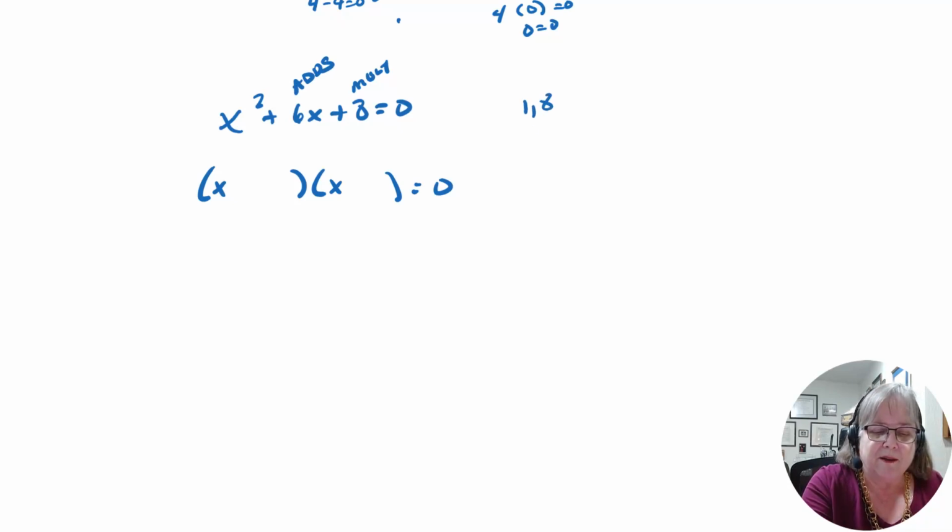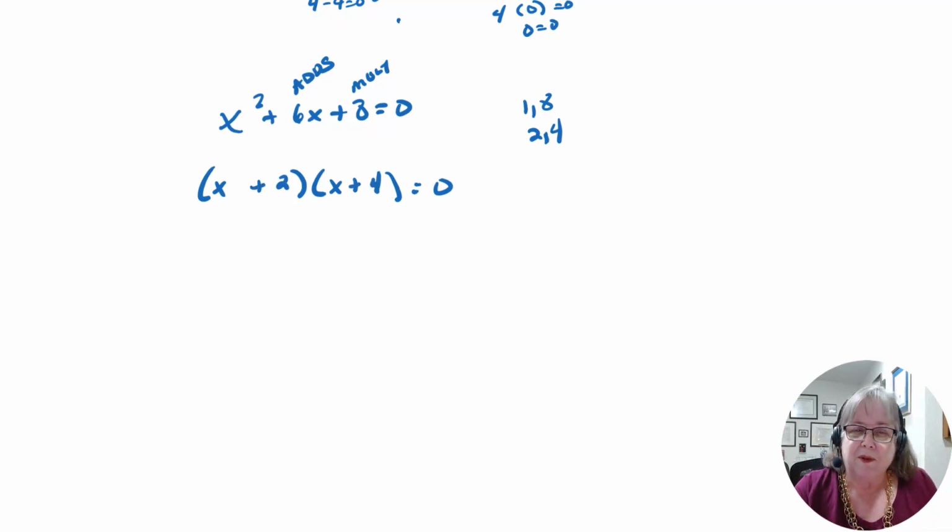Well, 1 and 8, 2 and 4. Okay? So which pair multiplies to a positive 8, so they're the same sign, and adds to a positive 6? How about 2 and 4? So 2 and 4, both being positive, would multiply to 8 and add to 6.